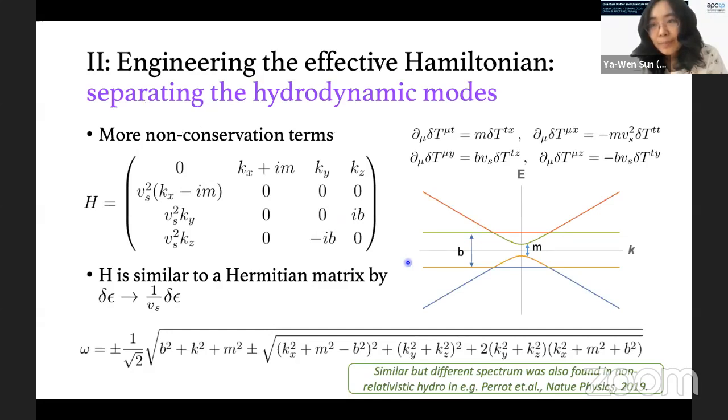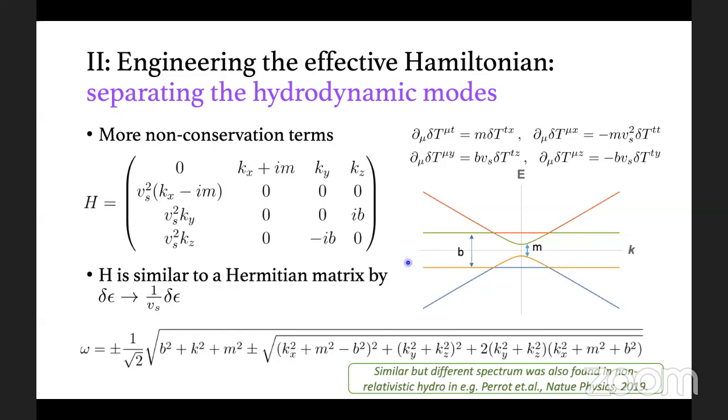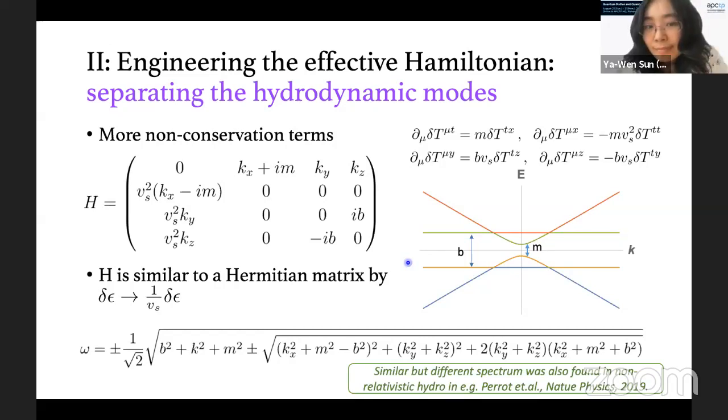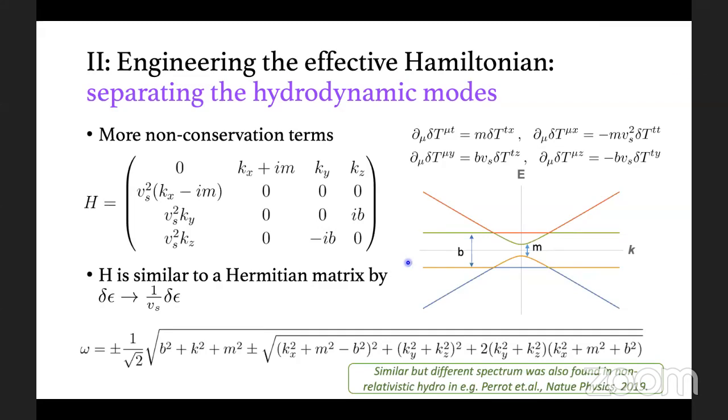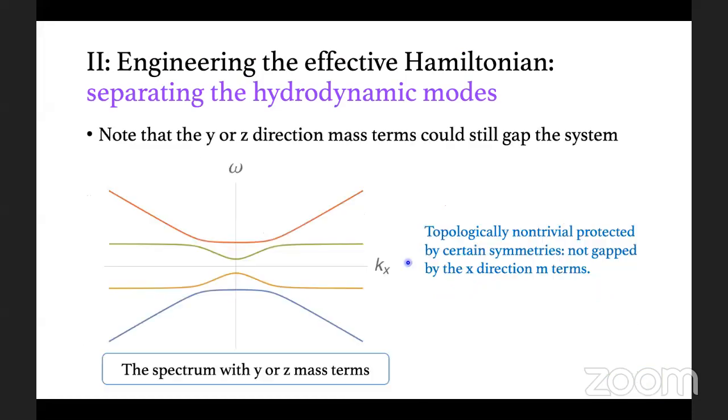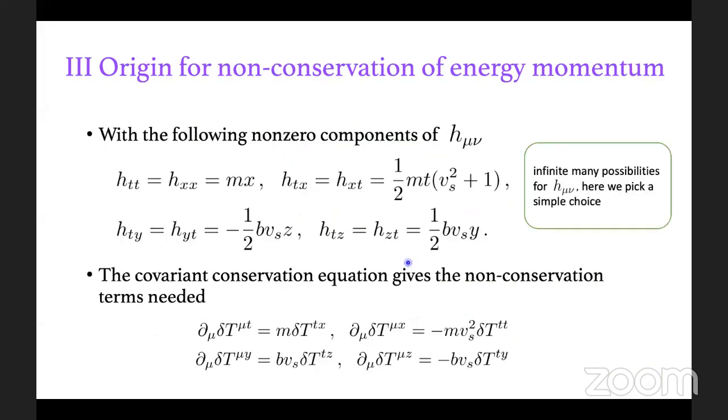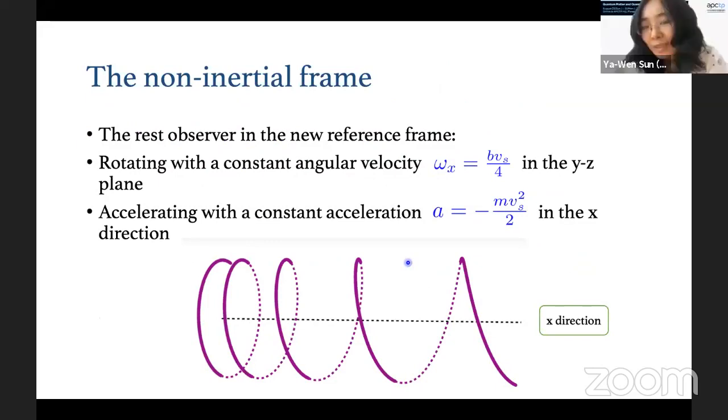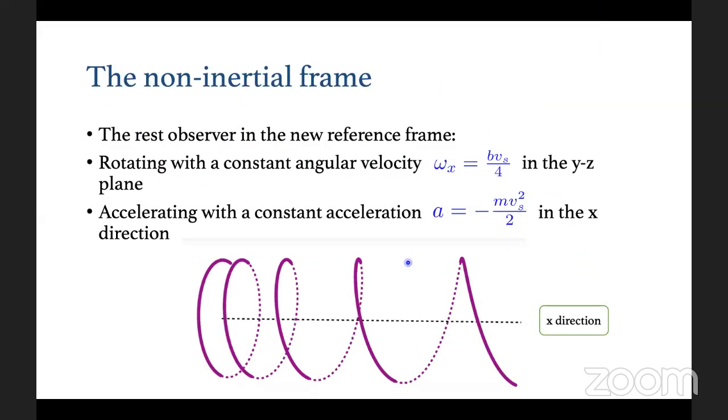But in my opinion, suppose I apply this framework to an electronic system. What I'm thinking is, if I apply a magnetic field along the z direction and an electric field along the x direction, then I automatically have a setup for accelerating.